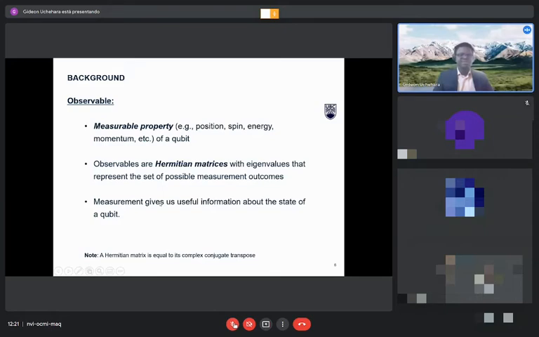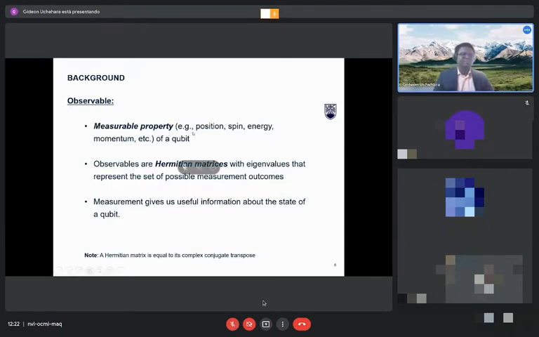Now, we want to see how to get information about this qubit. How can we get information about the qubit? That is what observables are all about. Observables are the measurable properties of a qubit or a quantum system. In this case, I have specified qubit because that's what we are concentrating on.